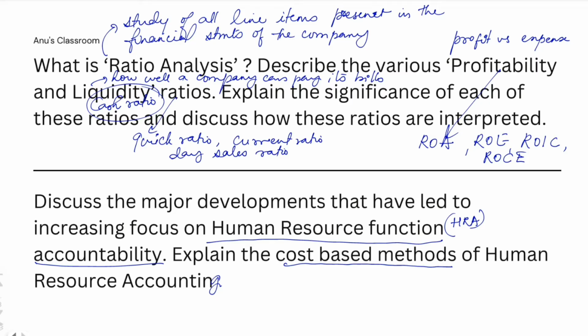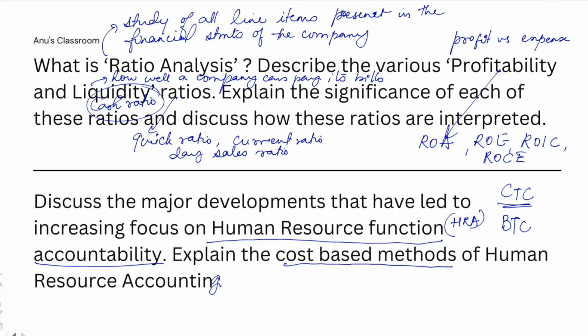So it involves measuring all the costs incurred in recruiting and maintaining them, and what returns we can achieve from them. Human resource accounting is how much you are spending, the cost to company, versus the benefit to company from human resources.